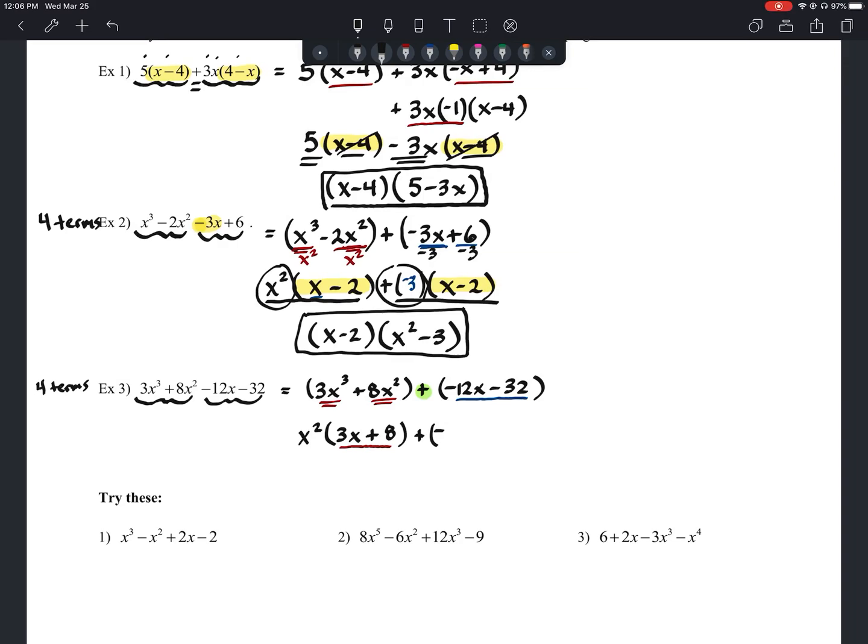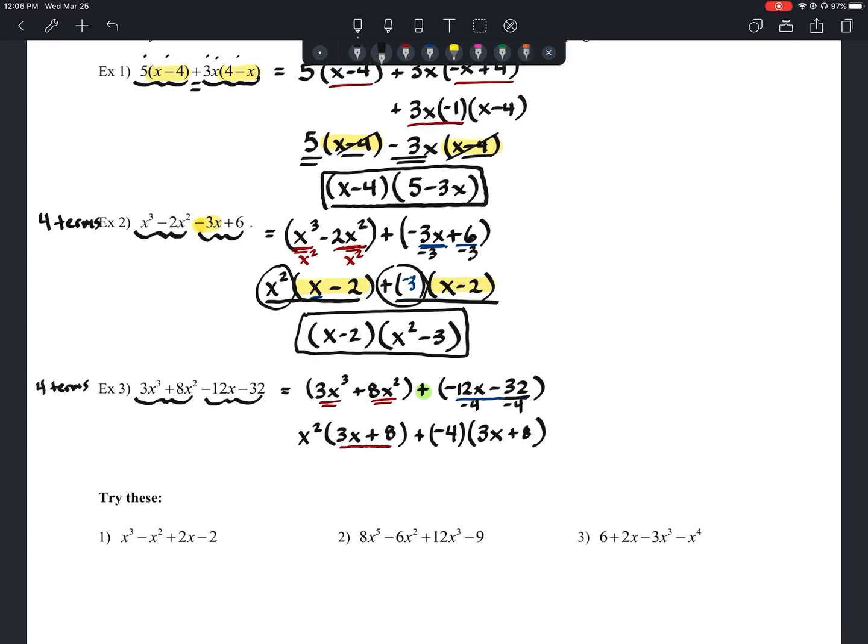So what do we have in common between 12 and 32? Well, 2 goes into each of those, but that wouldn't be the greatest common factor. I think that 4 would be our greatest common factor. So let's pull out a negative 4, and what's left over is negative 12x divided by negative 4, which is a positive 3x, and negative 32 divided by negative 4 is plus 8.